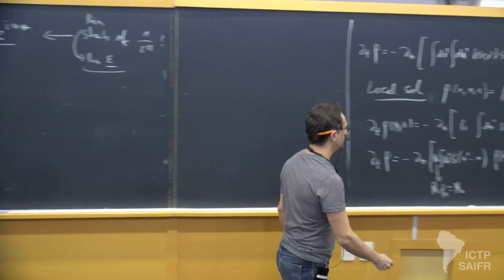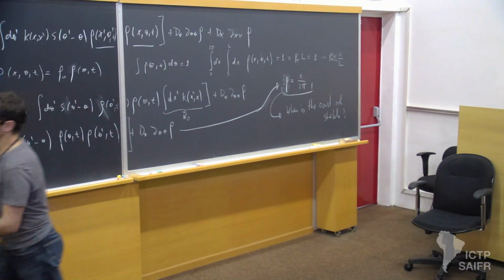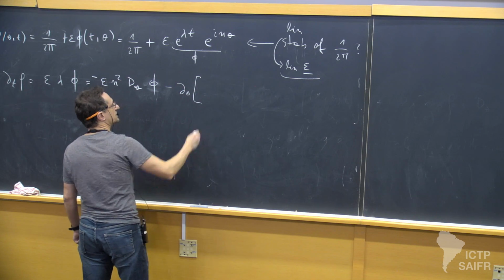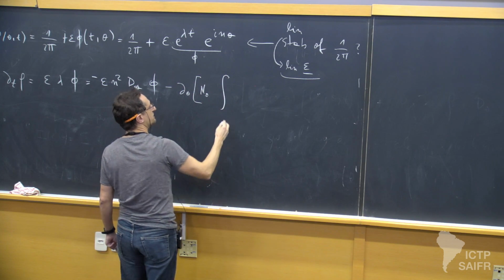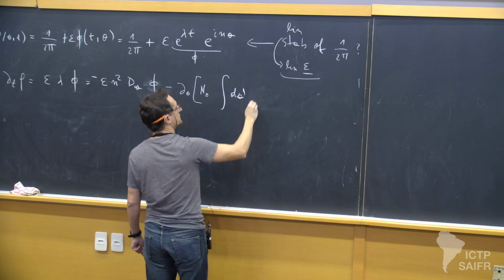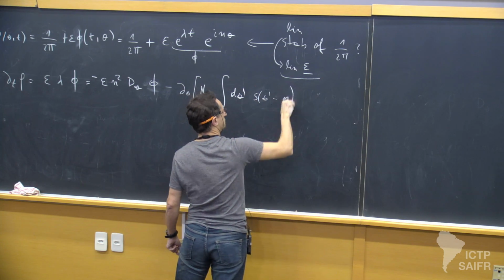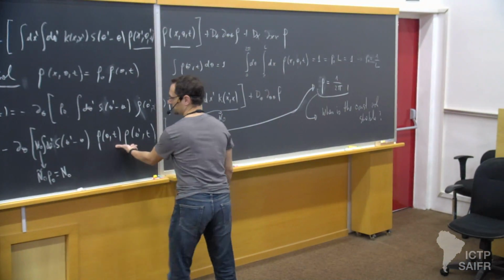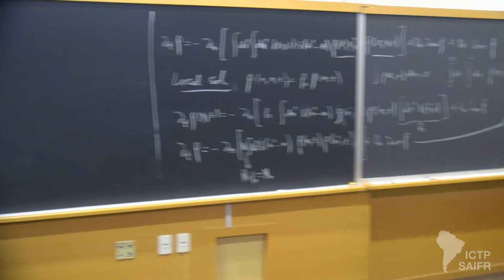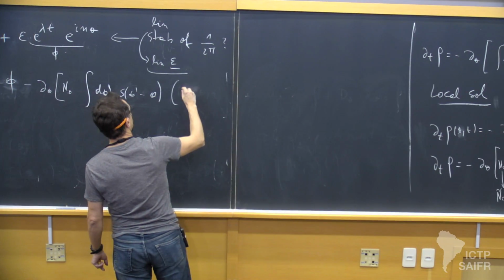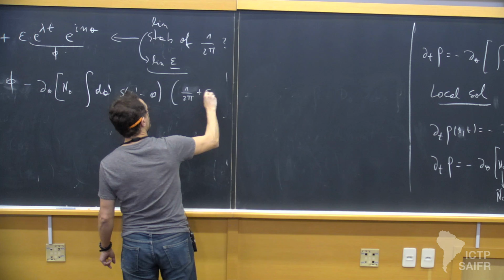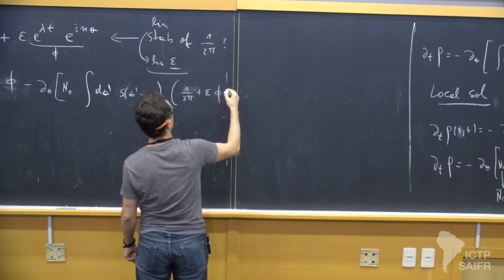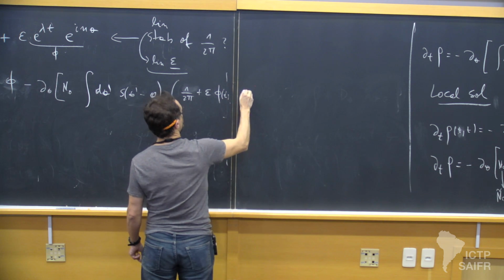And now we have this part in here. This part in here is the one that we have to think a bit about. And we have d theta, and then the n naught, and then what you have is d theta prime sine theta. And then I'm going to write these things that we have written, which is 1 over 2 pi, epsilon, phi, t, this.